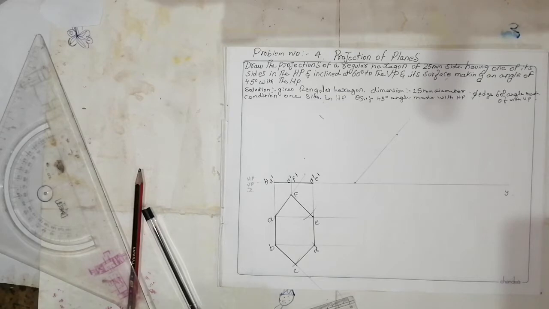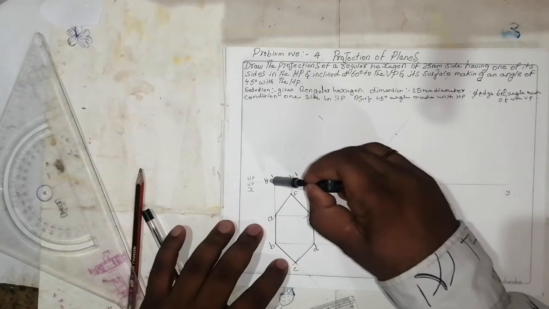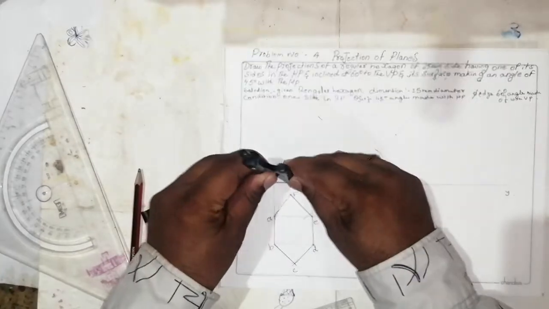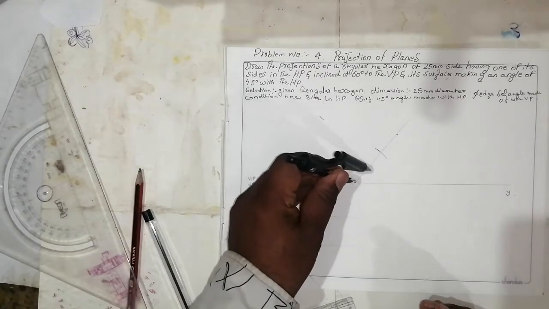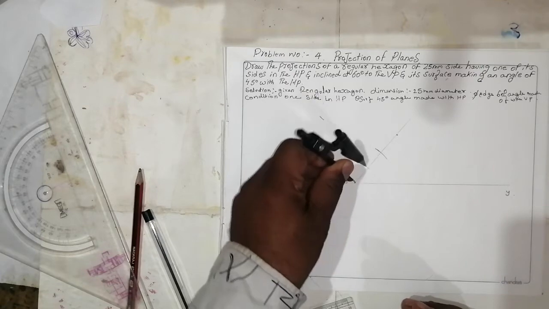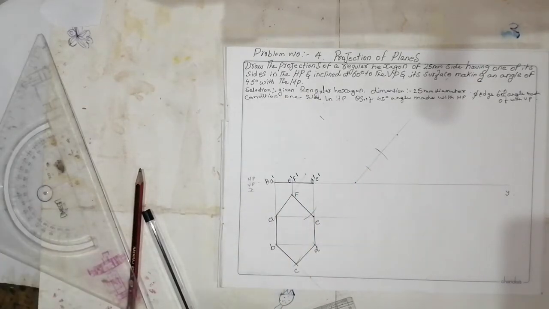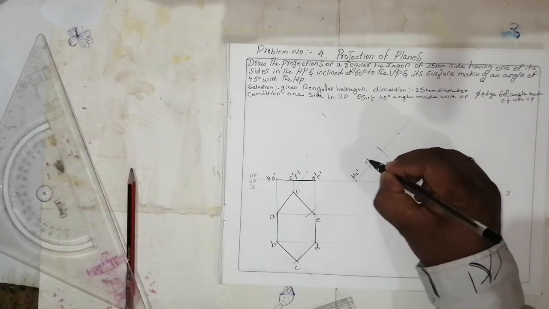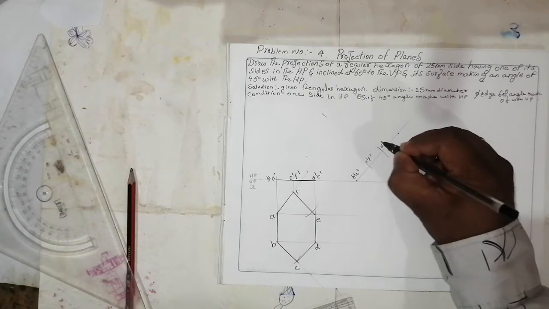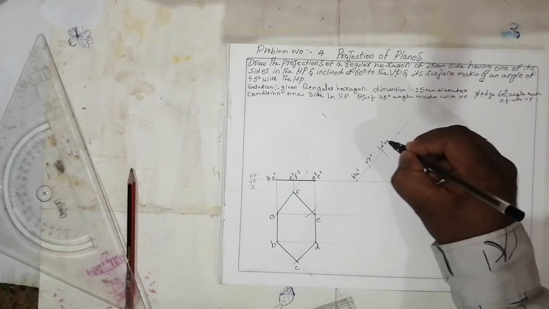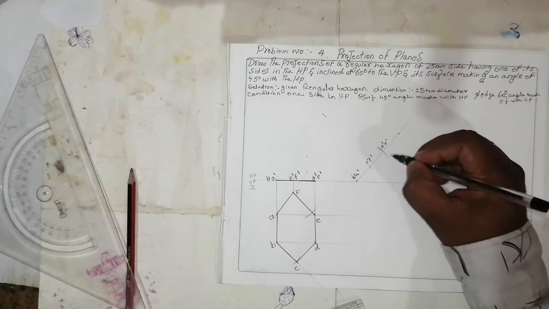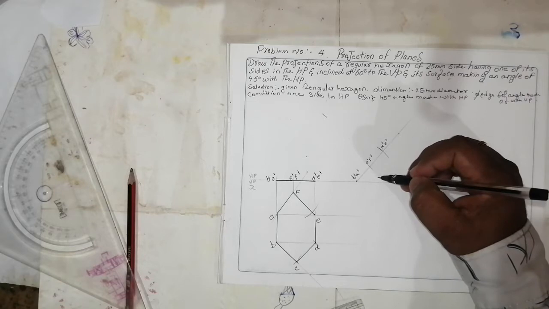After that, using a compass, from B dash and E dash, cut one arc. Again, from E dash, cut one arc. So name the parts like this: B dash, A dash, E dash, F dash, D dash, and C dash.